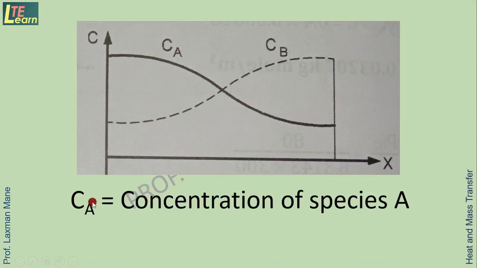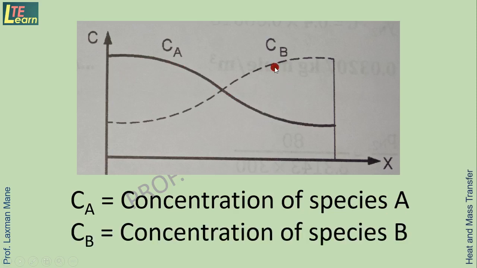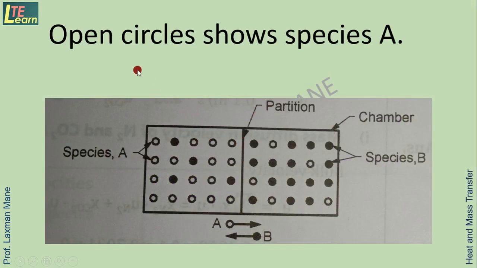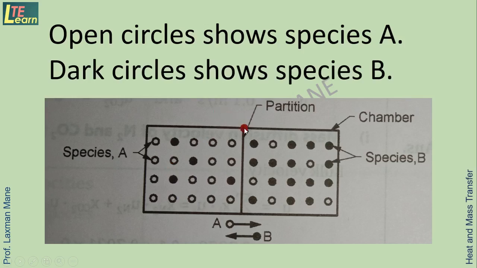So this is a CA curve, that is concentration of species A, and this is a dotted curve CB, that is concentration of species B. Open circles show species A and dark circles show species B.